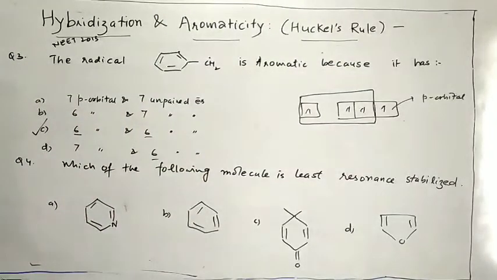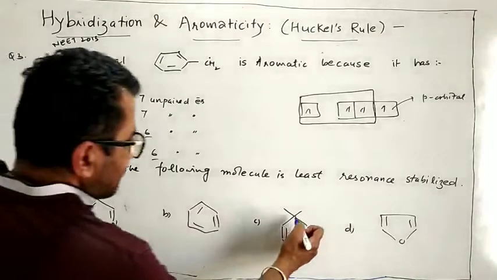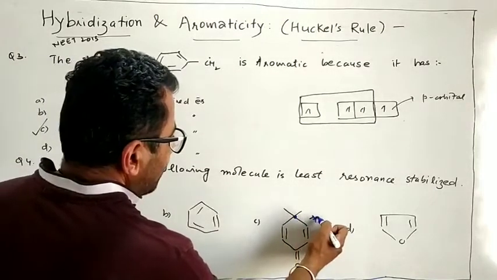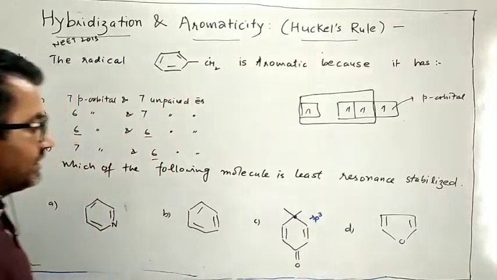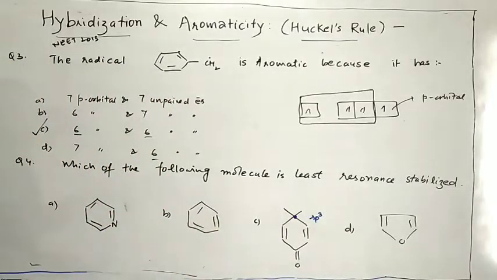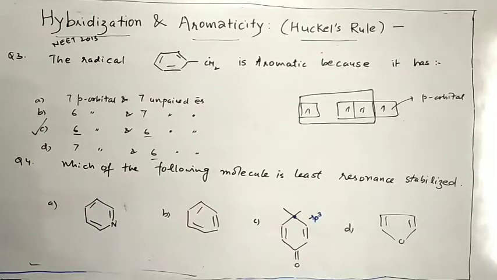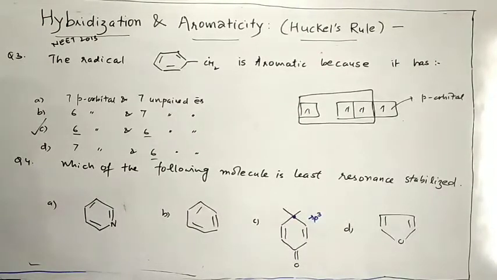Now out of these 4 molecules, one is least resonance stabilized. How will we know? We will see that in all the compounds, all the carbons and the oxygen present in these molecules are sp2 hybridized.